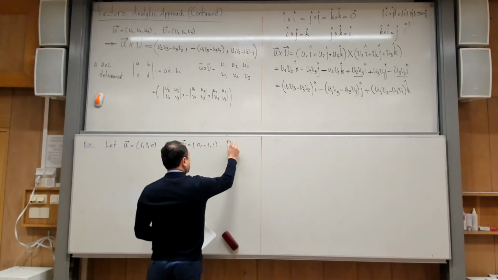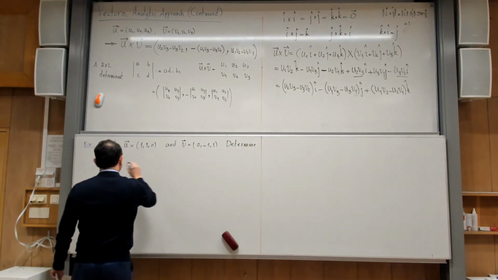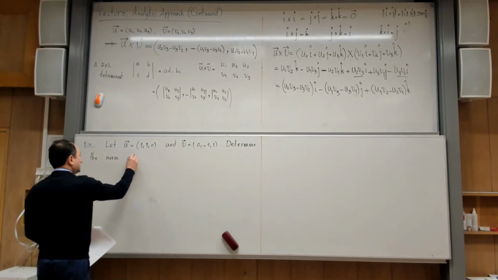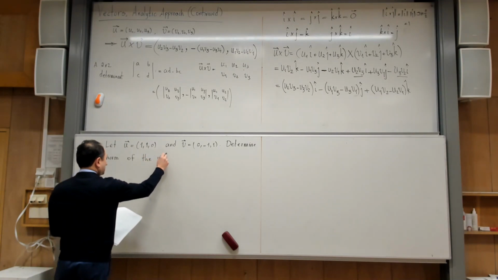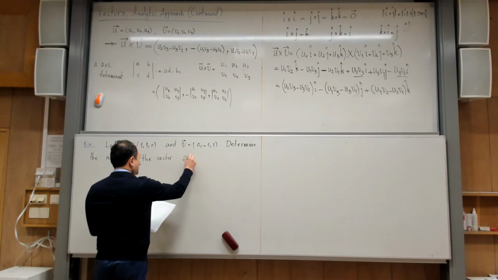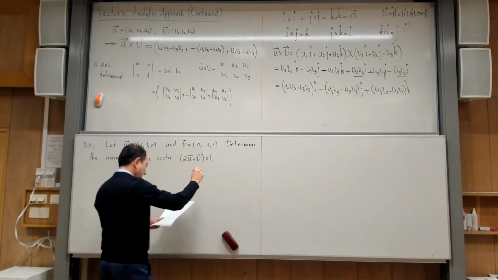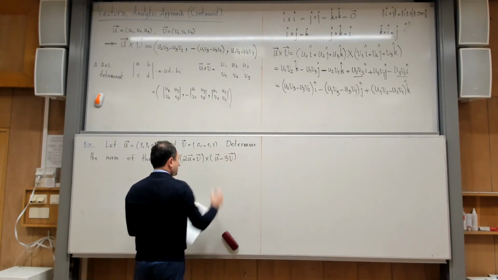Determine the norm, the magnitude of the vector 2U plus V cross product with U minus 3V.